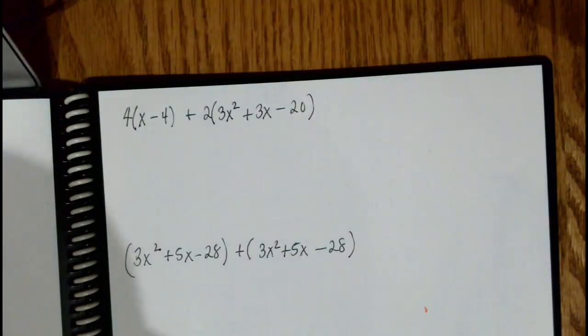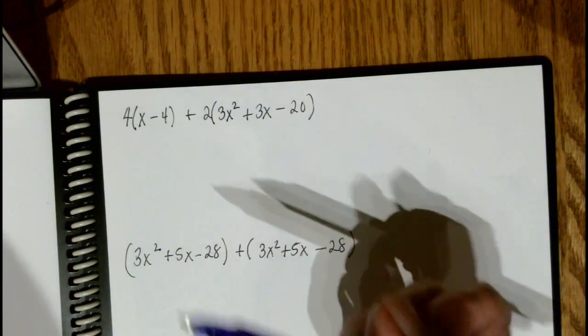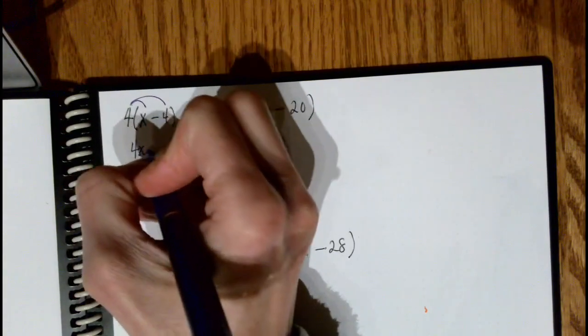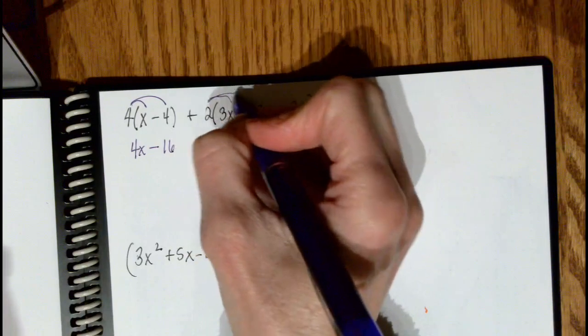And as we take a look at our next one, it looks familiar, but we've got a plus in front of here. So we know what this distributes to. We get 4x minus 16, and then we're going to distribute here.